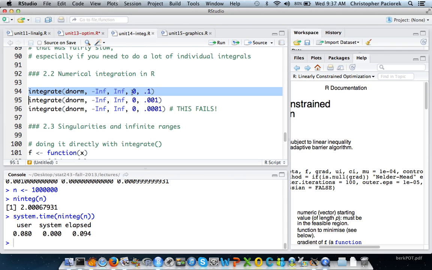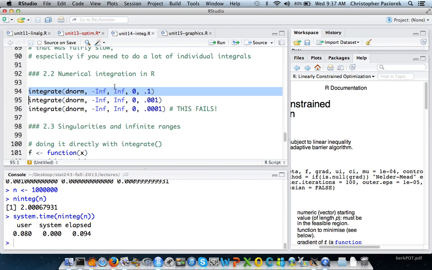And then anything after that is just a ... argument in R that allows you to pass additional arguments into the actual function. So in this case, this is going to be the mean and the standard deviation of dnorm. What integrate does is it takes anything that comes after here and just passes that along to the actual function that is being used to do the calculations.